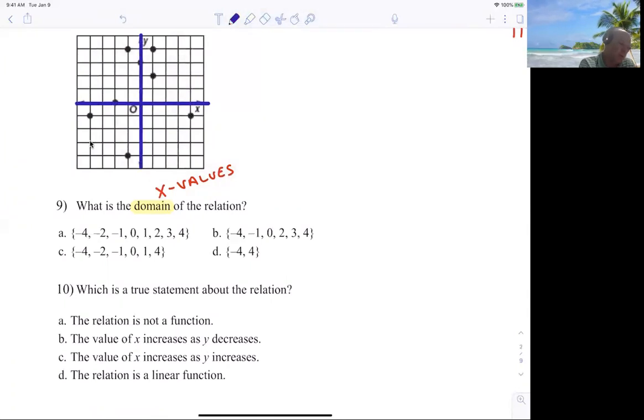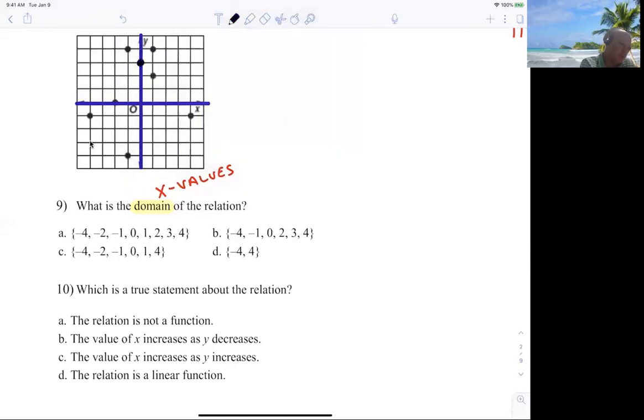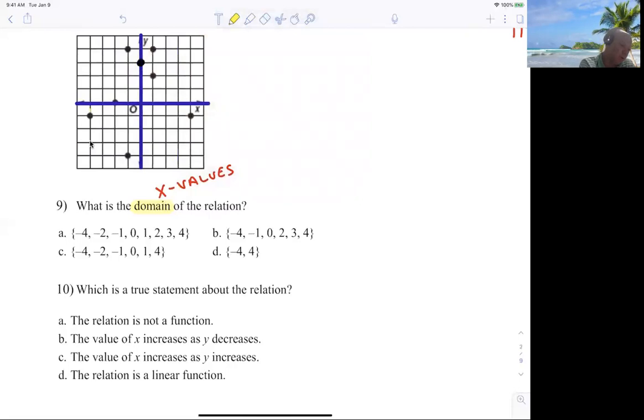We want to make sure that we're looking at the x coordinates. The domain is the x coordinates. So we draw from here to here. This goes to this x-axis, this goes to this x-axis. You're trying to figure out what points are on the x-axis, or those points correspond to what x.